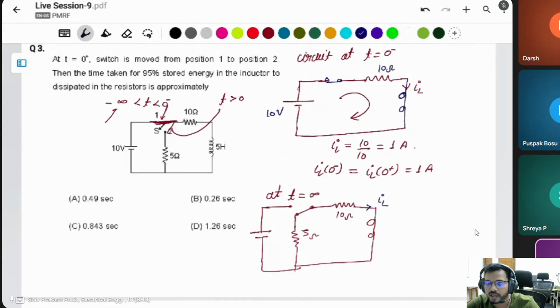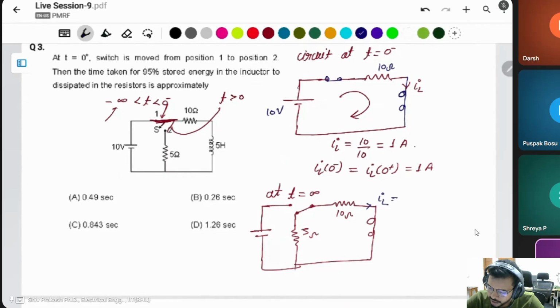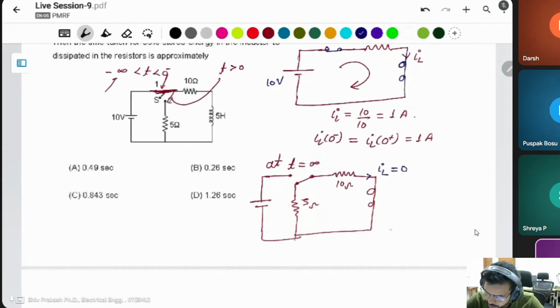You know this is not a source. An inductor simply stores some energy and releases it within some time period. But I talk about infinity time. Only a source will provide for infinite time, not a capacitor, not an inductor. In this case, this current will also be 0. Then you can say IL at infinity will be 0.